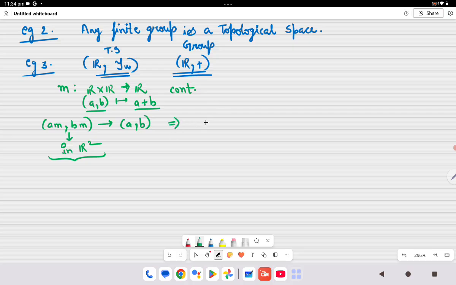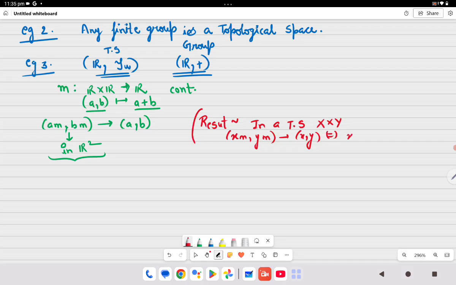Either you can use this fact or I can give you one more result, and we'll be using this result: if you have a product space X cross Y, and a sequence (x_m, y_m) converging to (x, y), that holds if and only if the sequence x_m converges to x in X and the sequence y_m converges to y in Y. Okay, this is a very important result. प्रोडक्ट टोपोलॉजी में जो कन्वर्जेंस होता है अगेन वो कोऑर्डिनेट वाइज कन्वर्जेंस होता है. सो क्योंकि हम R2 को एज प्रोडक्ट टोपोलॉजी देख सकते हैं ऑफ R विद R, यस और नो?